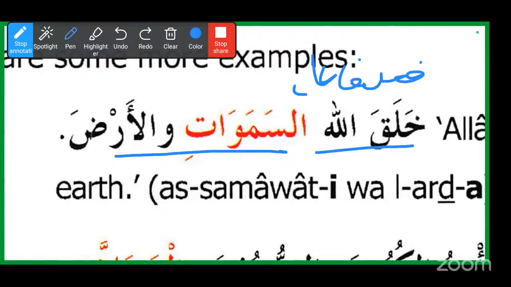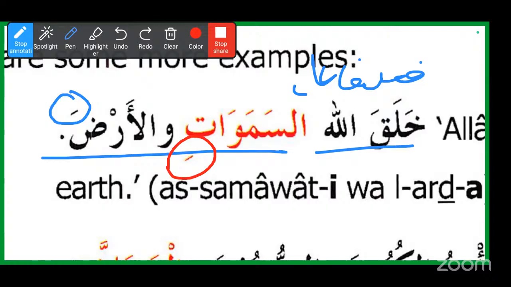The maf'ulun bihi is the samawati wal arda. On the word wal arda, we can see the fatha denoting the nasab. But again, we have got something new. We have got this kasra denoting the nasab, because the sound feminine plural as-samawat.